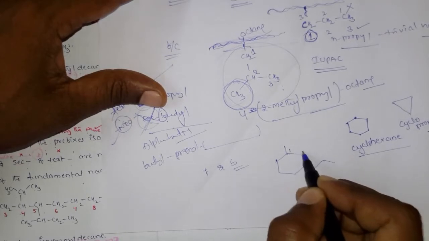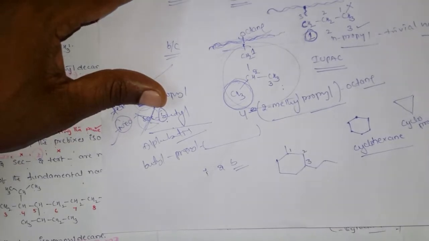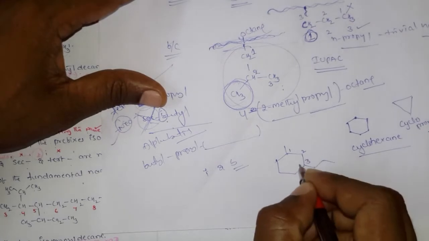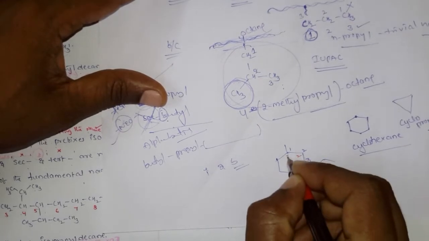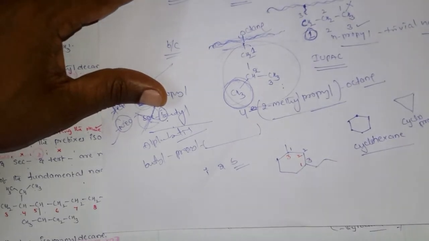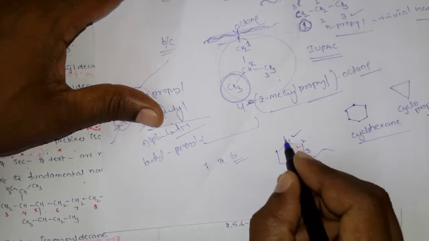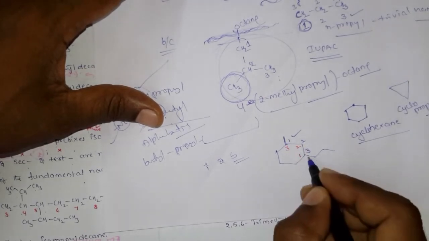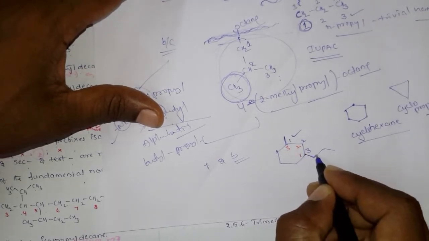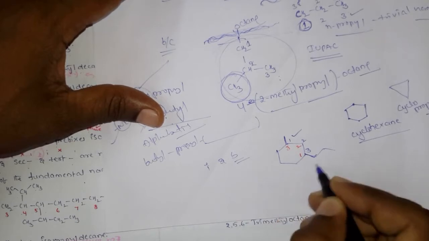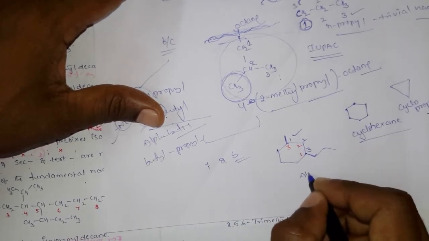Once I write 1 2 3 like this, and one more time I assign the numbers 1 2 3, which one is correct? The above one is correct, because if different substituents are present at the same position, you have to follow the alphabetical order.